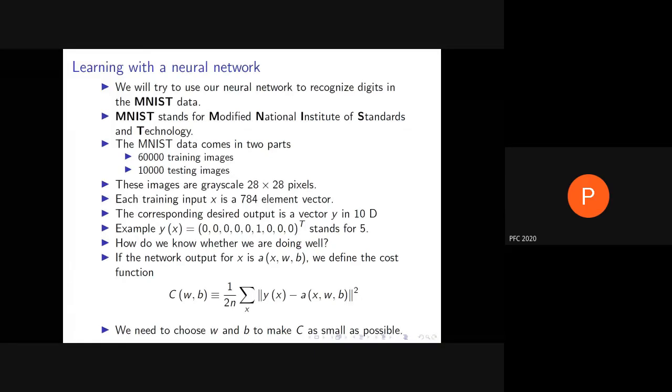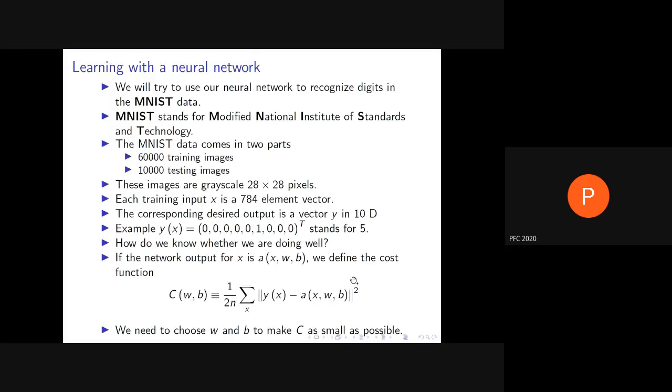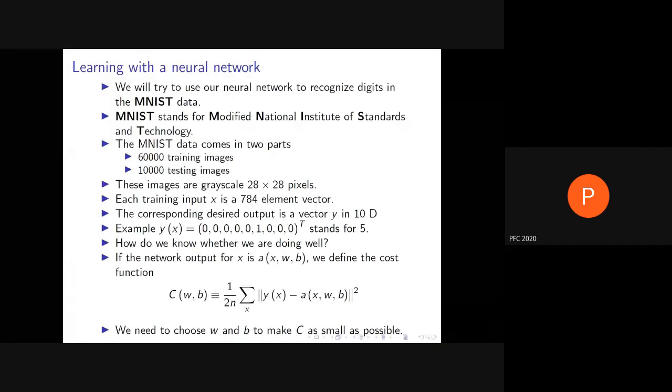Notice that if C(W,B) could be made 0, which is of course the smallest possible value, then each of these deviations would have to be 0, which would mean that for each and every input, your output exactly matches the label. That is, your learning is perfect. Maybe that is too much to ask for, but what we are trying to do is choose W and B so that I can make C as small as possible.